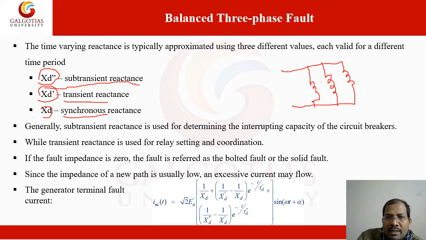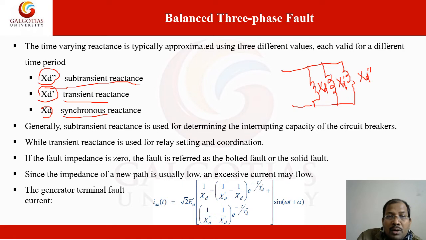When the fault occurs at t equal to 0, then at t equal to 0 plus all these three reactances act simultaneously. So the overall impedance of the generator will be reduced, and we get a very large current.